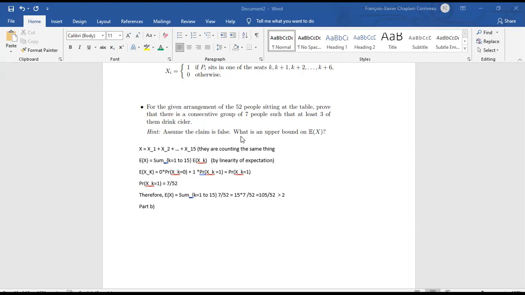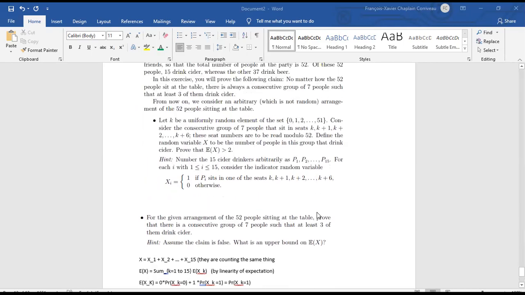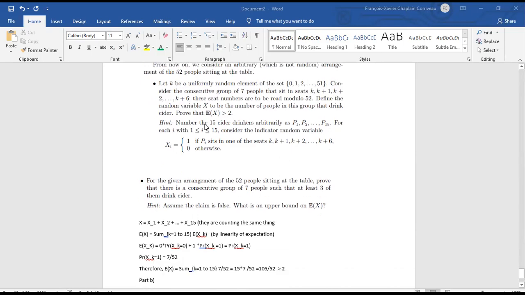So here, assume the claim is false. What is an upper bound on E of x? So here, what did we show?